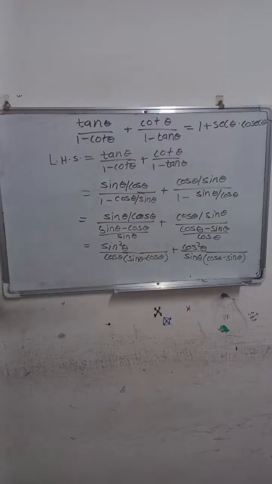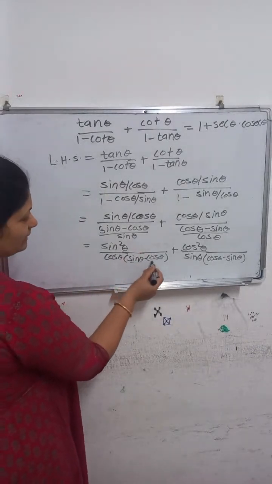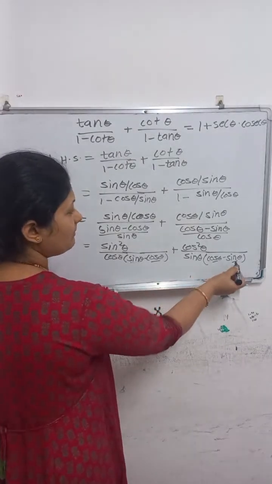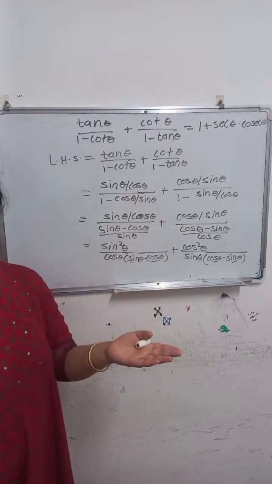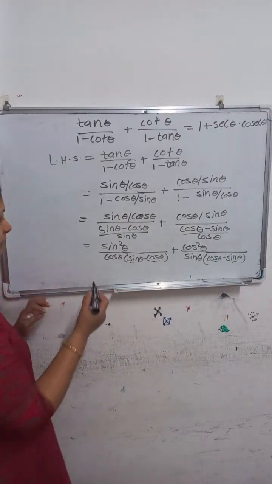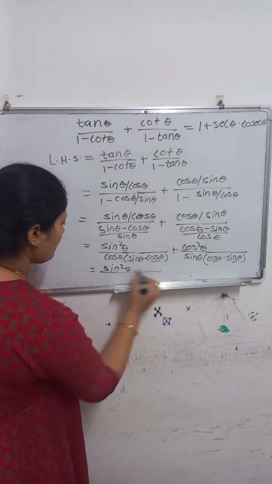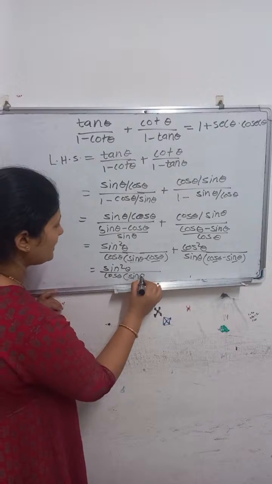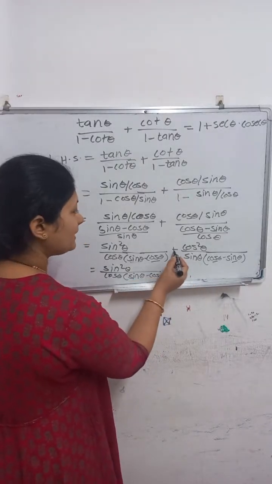Okay, once you are copying, then what I will do here: see sine theta minus cos theta, and we have cos theta minus sine theta. Terms are same but signs are opposite. So I can write sine square theta upon cos theta, inside the bracket sine theta minus cos theta, minus, I will take minus out.